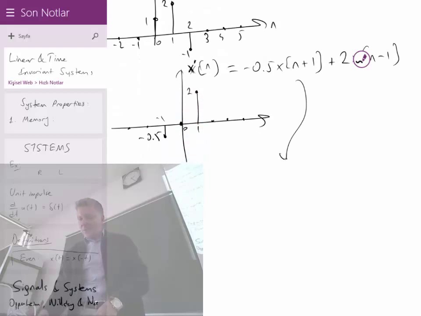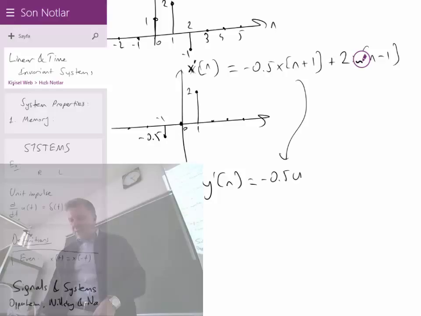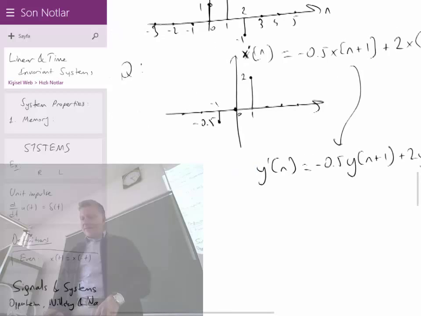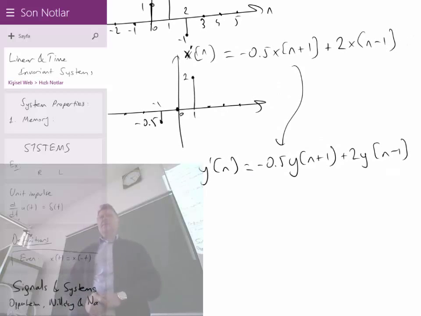So what is y prime of n then? The same equation. Minus 0.5 y of n plus 1 plus 2 y of n minus 1. Okay? This will be the response.